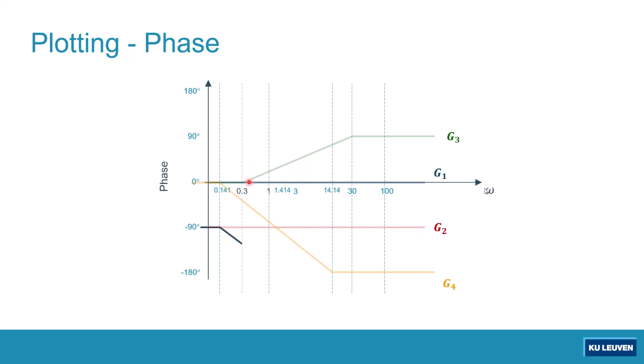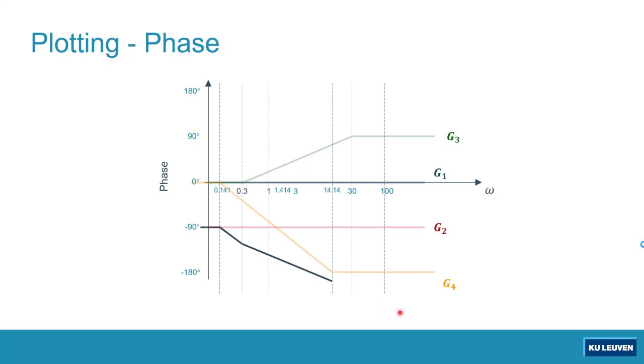I will have positive 45 degrees per decade from G3 and negative 90 degrees per decade slope from G4. Therefore, from 0.3 until 14.14, I will have negative 45 degrees per decade slope.